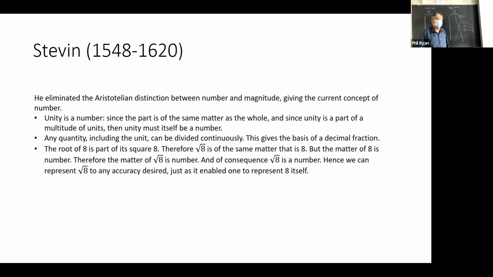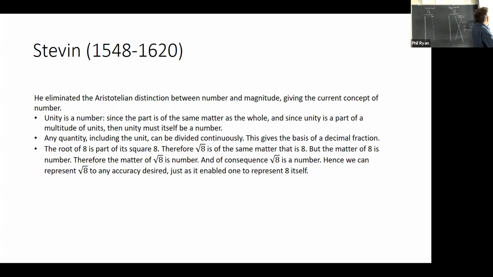And the other interesting person from around 1600 was Stevin. We know him today as the person who introduced the idea of the decimal point, but we know that the decimal point was invented earlier. The key thing he came up with was what is really now the modern notion of number.